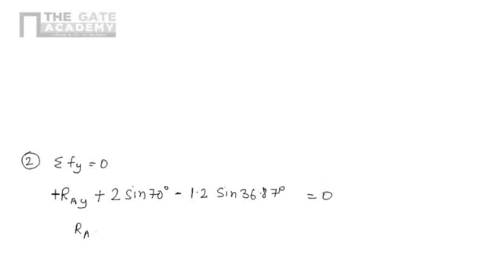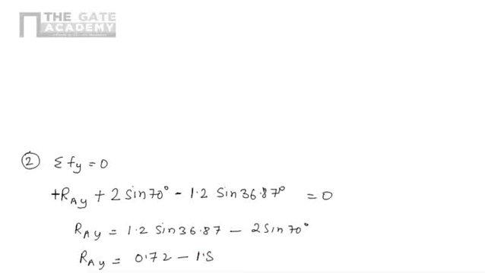So Ray will be 1.2 sine 36.87 minus 2 sine 70. If we calculate 1.2 into sine 36.87, it will come around 0.72. And if we talk about 2 into sine 70, it will come around 1.88.